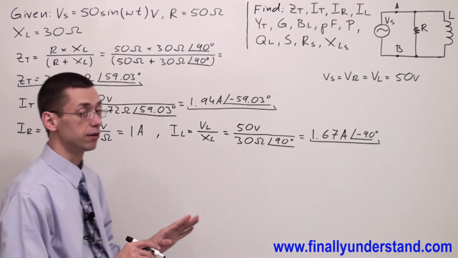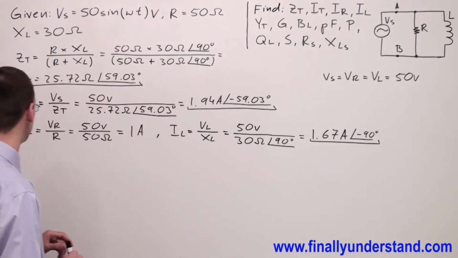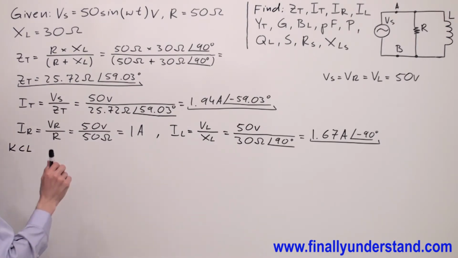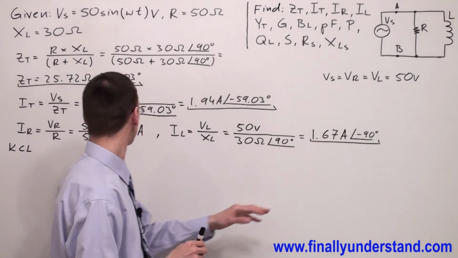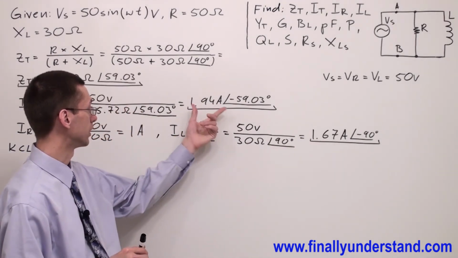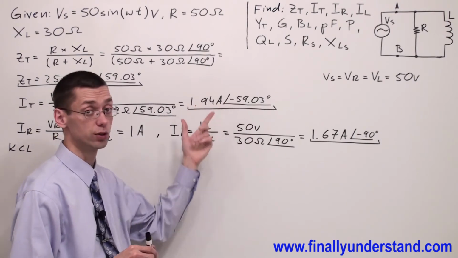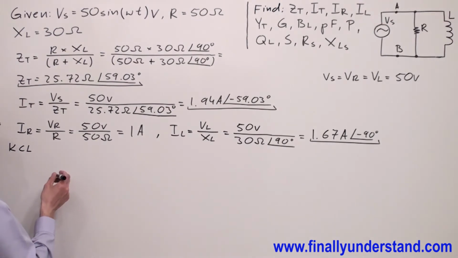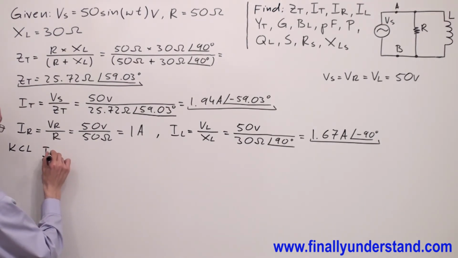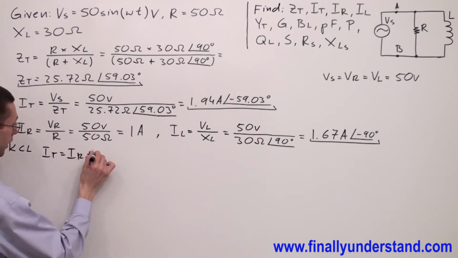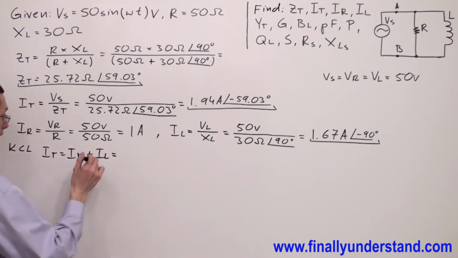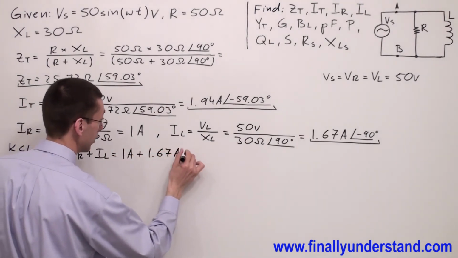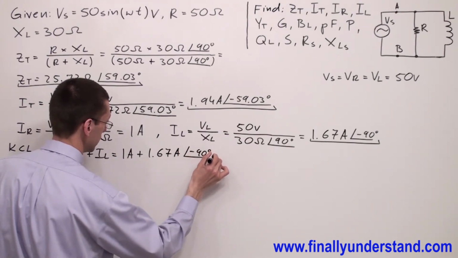Next, we're supposed to verify if our answers are correct. How are we going to do that? We're going to use Kirchhoff's current law, which says that the sum of these two currents is supposed to give me I total. If I get the same or a close value, it will mean that we are doing correct calculations. So I have I total equals IR plus IL, where IR is equal to 1 amp plus 1.67 amps and angle of negative 90 degrees.